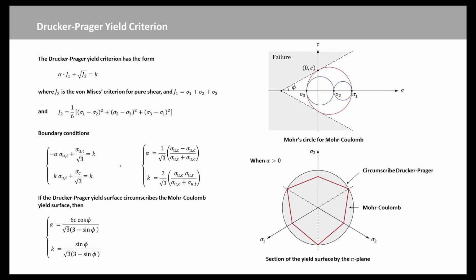If we assume that the Drucker-Prager yield surface circumscribes the Mohr-Coulomb yield surface, then the expressions for alpha and k are shown here. Now we can use the Drucker-Prager function to draw the yield surface. The right-hand side shows a section of the yield surface by the pi plane.